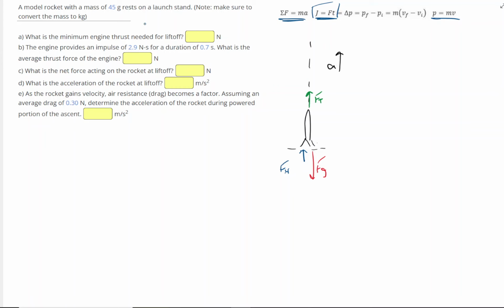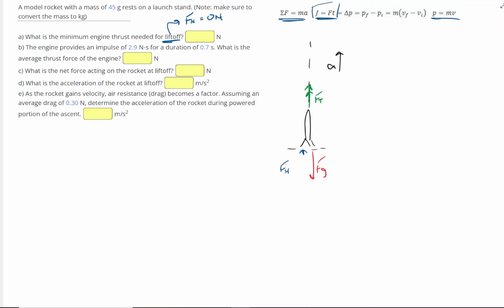So if I need to lift off, well, at liftoff, the normal force is going to have to be 0. We can't be on the surface anymore, right? So if I shrink the normal force a little bit more, that means I must have had a little bit more thrust force. So that rocket engine's getting a little bit bigger, but it's still not big enough to overcome Fg.